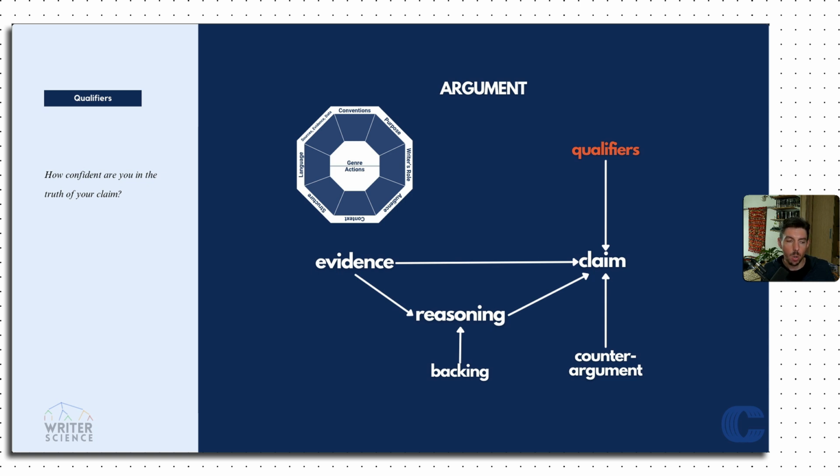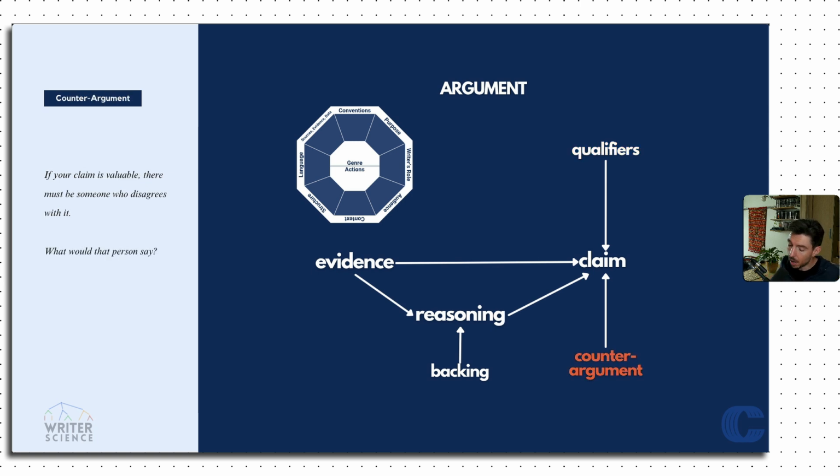So you want to accurately express how confident you are in the truth of the claim using qualifiers such as could be, it seems possible that, most likely, probably. Okay, again, these are called hedges and boosters. So make sure you qualify your claim using hedges and boosters.